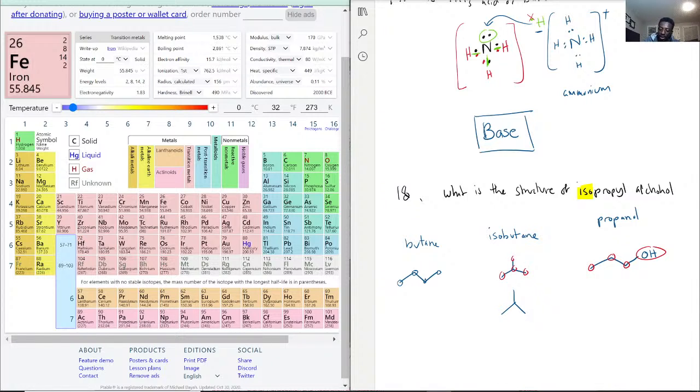And what we get as the answer, let me draw in green, because all the constituents are still there, is 1, 2, 3, 4. I've run out of colors, so I'm going to highlight it instead. And this is the structure of isopropyl alcohol.